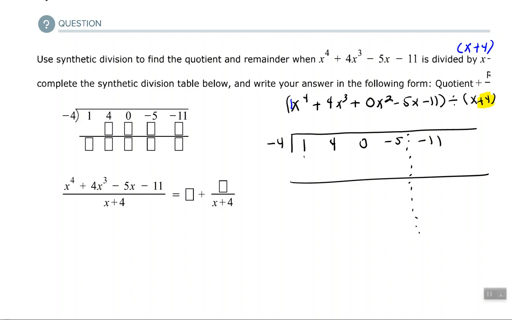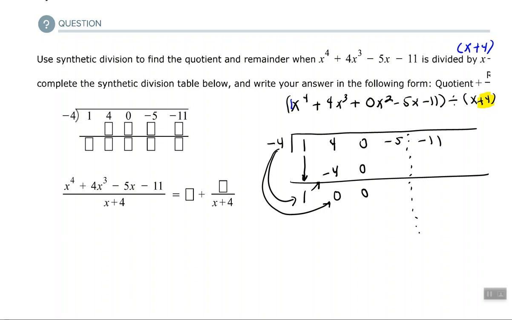Okay, so bring down the 1. Negative 4 times 1 is negative 4. Add these numbers just like they are. Add or subtract just like they are. You won't be changing any signs. So 4 minus 4 is 0. Multiply. Negative 4 times 0 is 0.